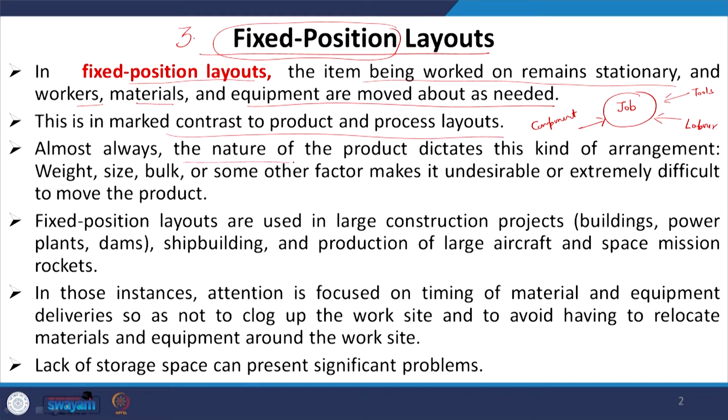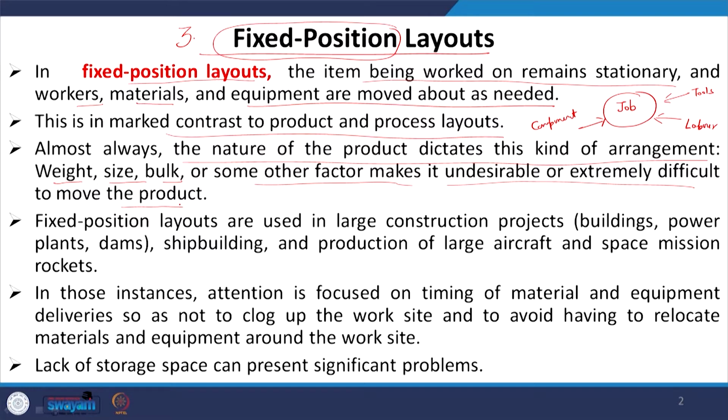Almost always the nature of the product dictates this kind of arrangement. As we have already said, weight, size, and bulkiness make it undesirable or extremely difficult to move the product. I gave the example of housing projects.